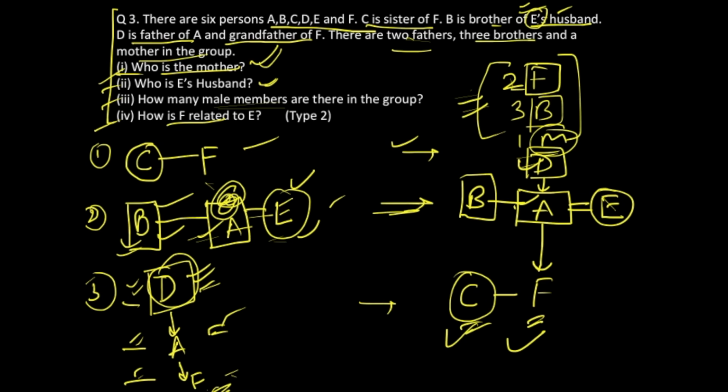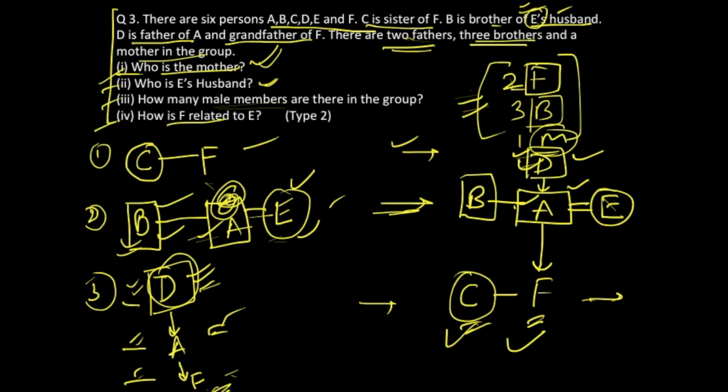And does it fit the condition that there are two fathers, three brothers, and a mother in the group, right? It should complete condition number one: there's one father, D, and another father, that is A. So we already have two fathers over here. We don't know anything about B. E is a female, and no information has been given about F and C as well, right?